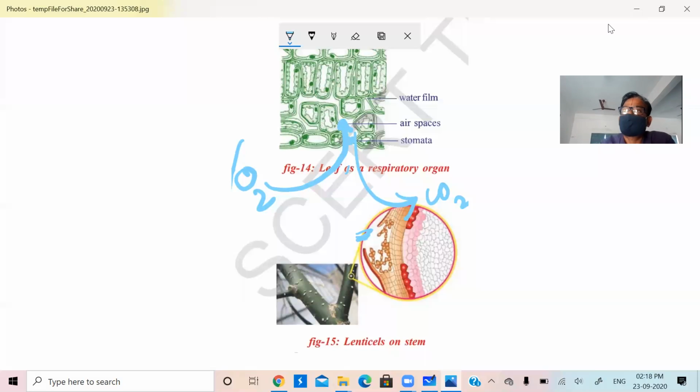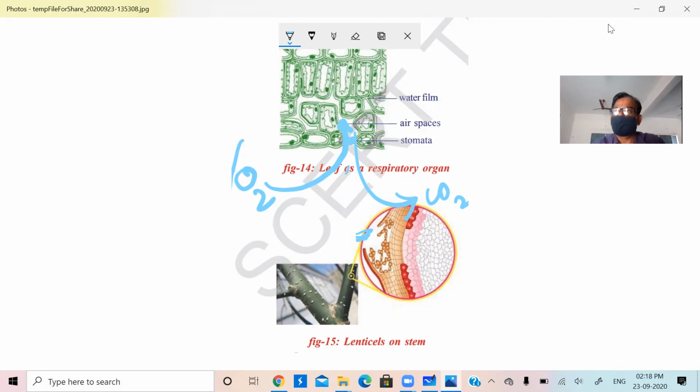The stomata are present on the leaf and the lenticels are present on the stem. It is nothing but a modification of a stomata on the stem. Through these two structures, the gaseous exchange takes place between the plant and the atmosphere.